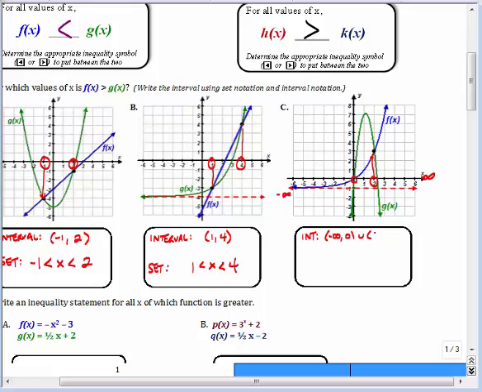So to the right of 2 means everything from 2 to positive infinity, because the green is way down here. In set notation, you'd have to write that in two statements. You'd say x is less than 0, that's pointing to the left, or x is greater than 2.